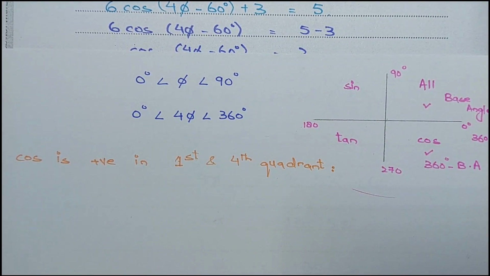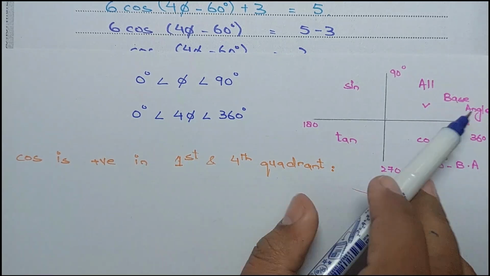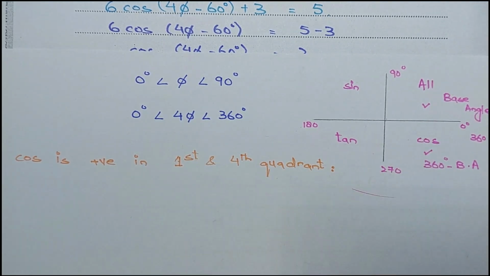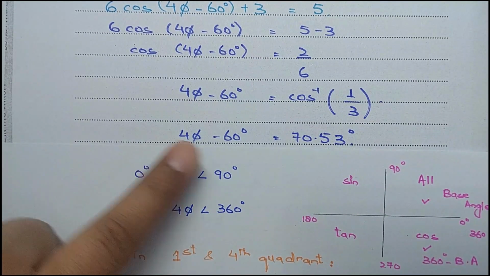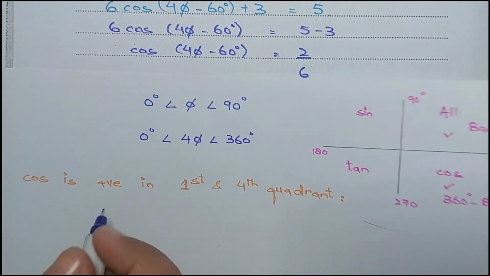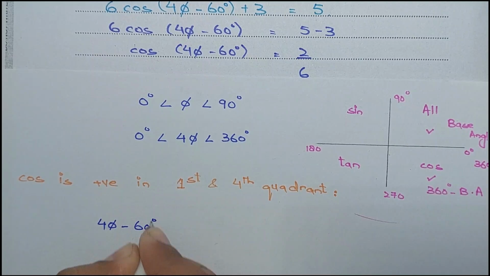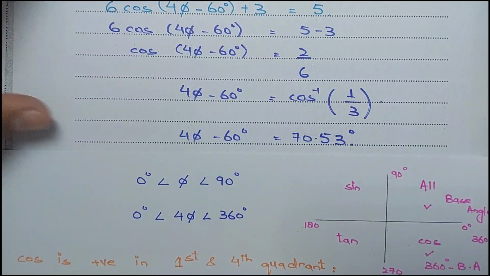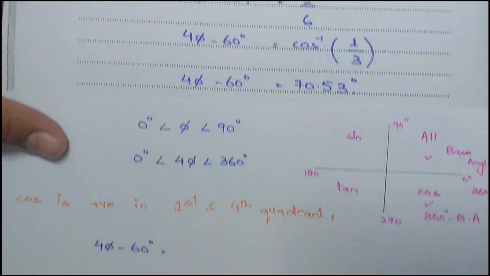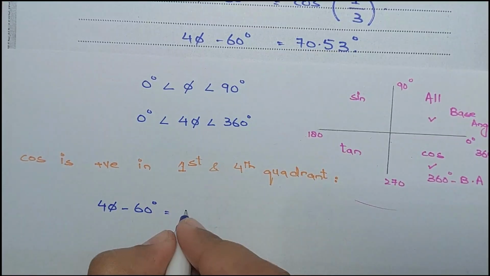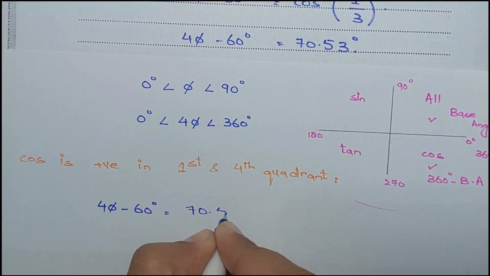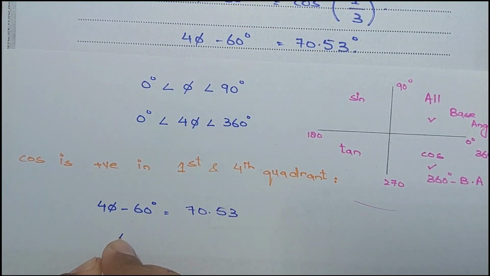Okay, now we need to solve for the first quadrant. For the first quadrant, it is the base angle, right? So this whole angle equals the base angle. So we can say 4 phi minus 60 degree is equal to the base angle, which is 70.53. Let me solve for 4 phi.